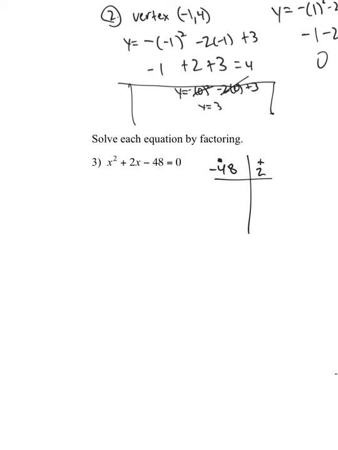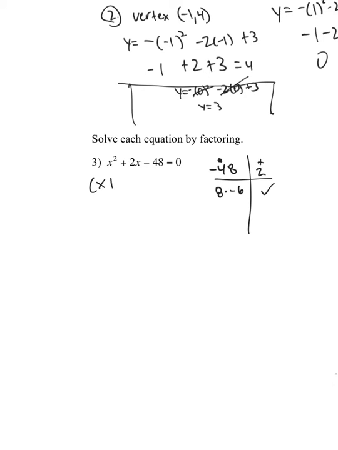If they're going to multiply to a negative, they've got to have opposite signs. Adding to a positive, the bigger number needs to be positive. So this would end up being 8 and negative 6. They multiply to negative 48, they add to positive 2.